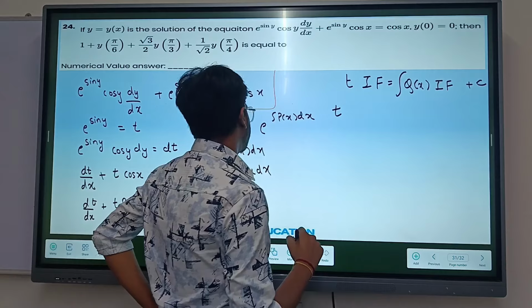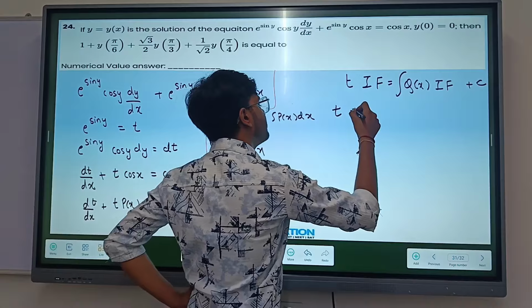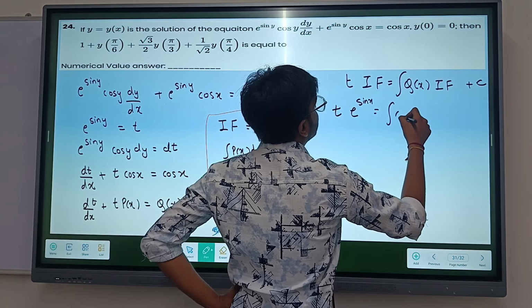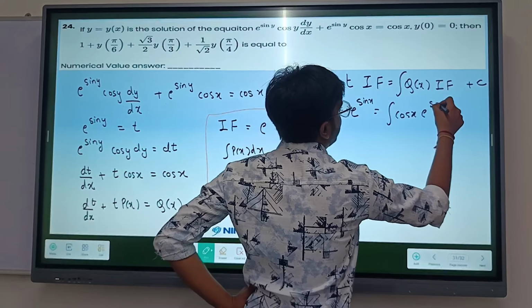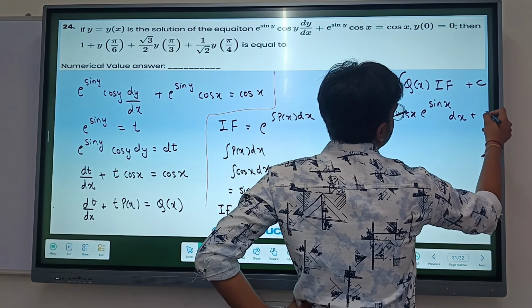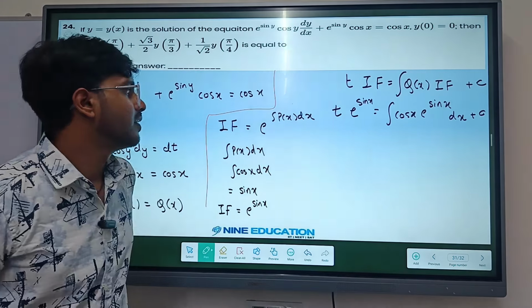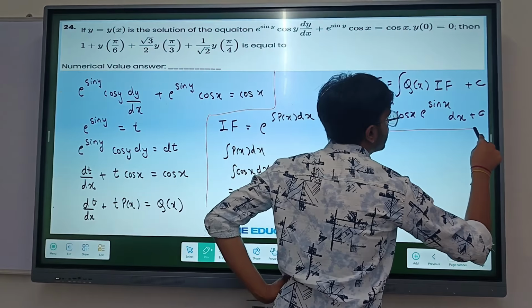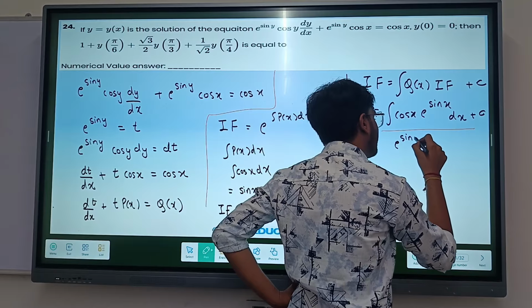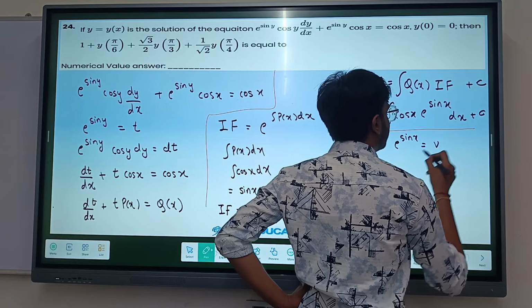So t into, what is the integrating factor here? E power sin x, equal to q of x, which is cos x, into e power sin x dx plus c. Again here, cos x into e power sin x dx. Take e power sin x as some variable v.